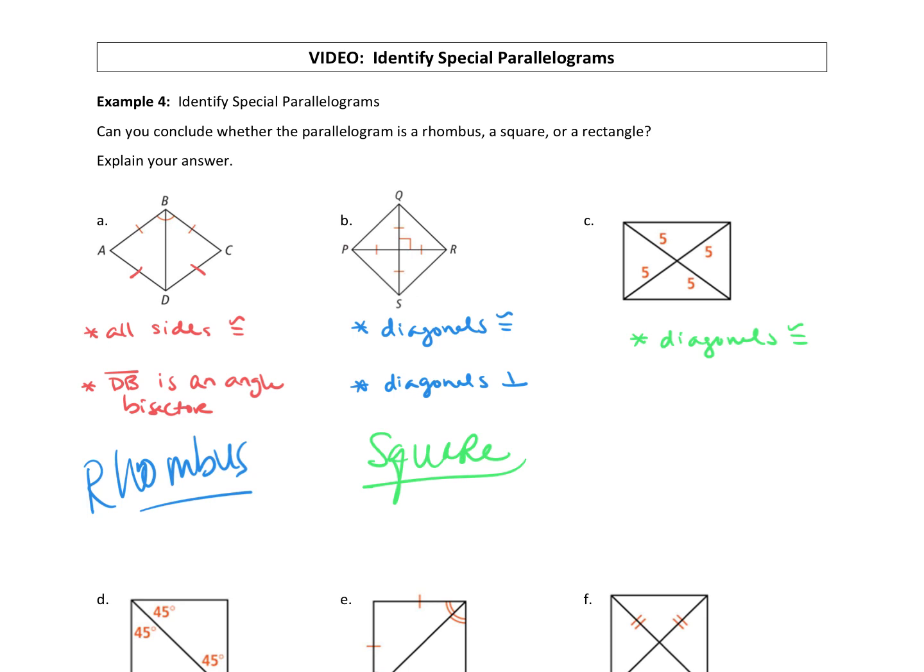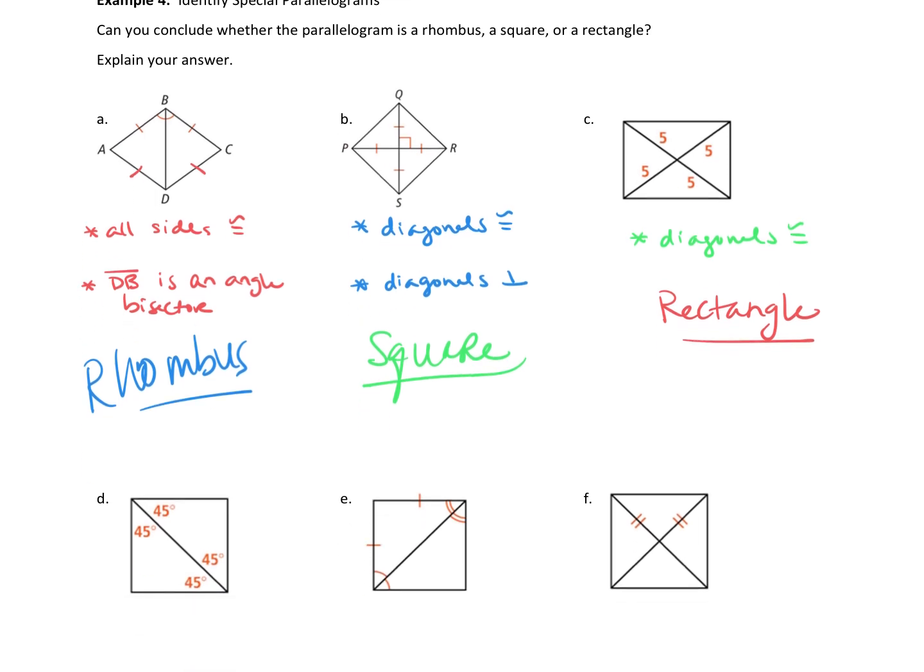So this parallelogram is going to be a rectangle. If we were going to say rhombus or square, we'd have to have more information to narrow it down. Also, I can't just look at it and say, oh, that's a rectangle because it looks like a rectangle. You have to be able to back it up. It's because the diagonals are congruent that we know that's a rectangle.